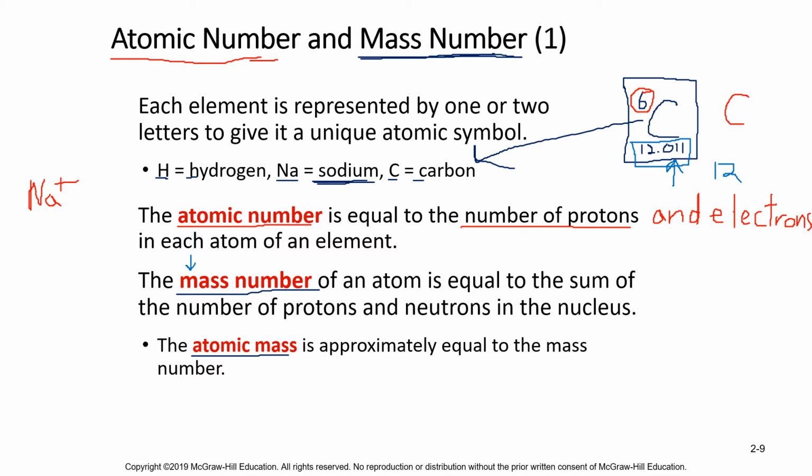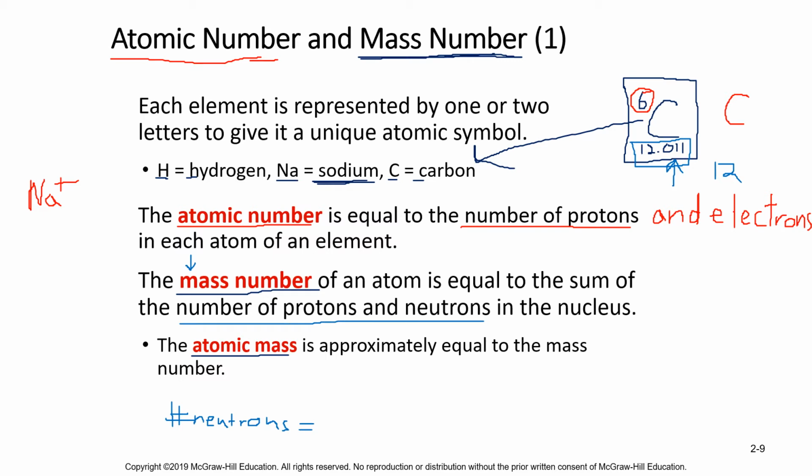How we're going to use the atomic mass is to find out the number of neutrons. And the way you find the number of neutrons is by subtracting the atomic number from the atomic mass. And that is because the atomic mass is essentially the number of protons plus the number of neutrons.